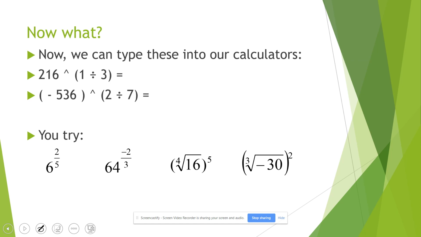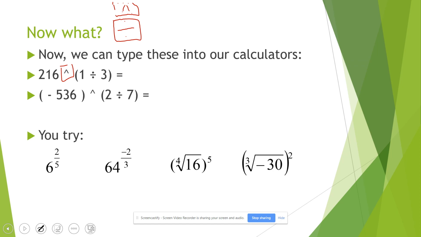To type them in our calculators, we use the caret button. The caret button, if you have an 84, is going to be right above the division key. But that symbol is on a button on the Casios, and also if you have a TI-30 or any other type of scientific calculator.